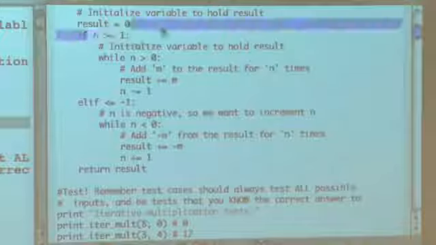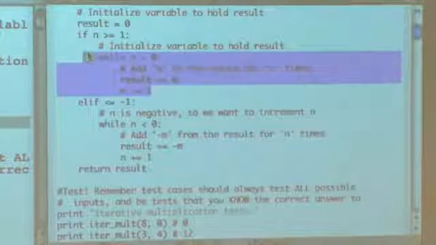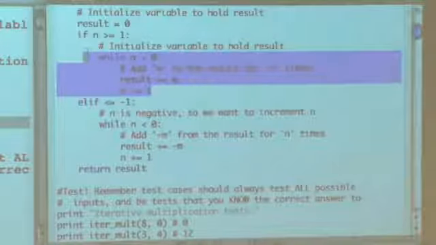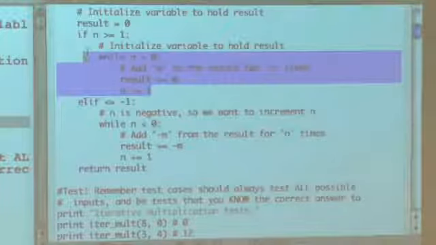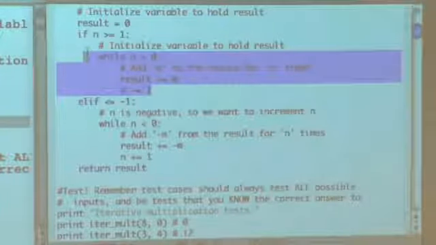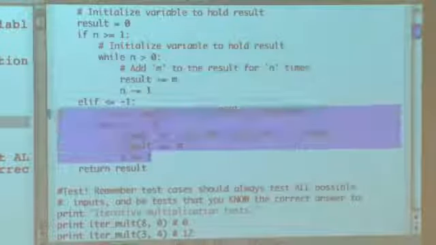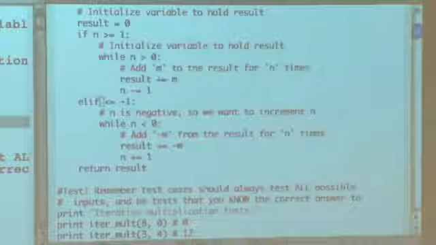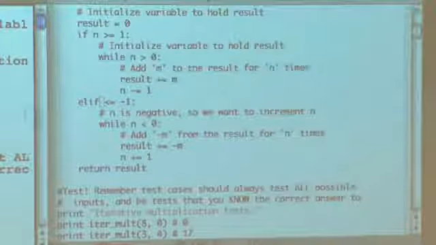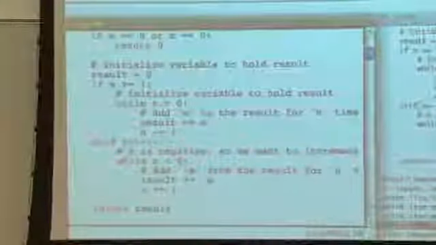And then for n greater than or equal to 1, we're just going to enter a while loop and keep adding m to result n times. It's a little bit easier to understand, I think, than the recursive version. And then same thing for n less than or equal to negative 1. I have a bug here.